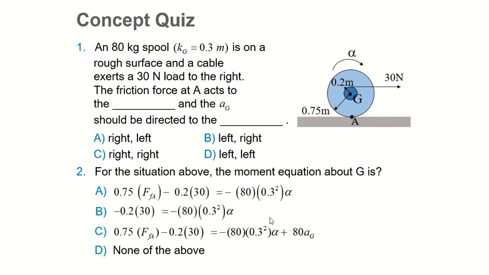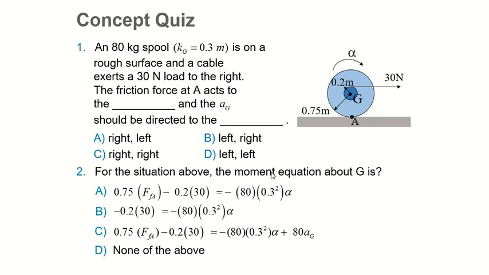You still need that times weight times your radius. Your radius is going to be kG, which is 0.3, so we put the square and the angular acceleration. They both have it, so we can't get rid of it. And then the last one has the 80 times aG, which is the acceleration at the G point.